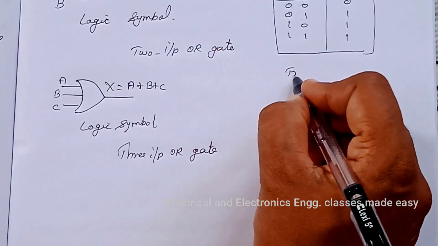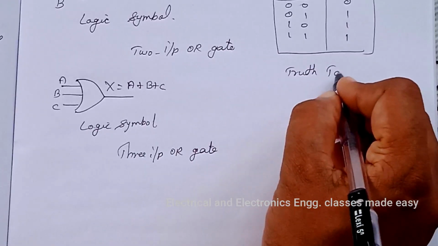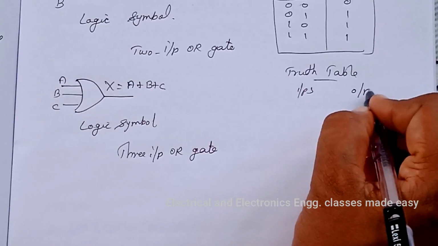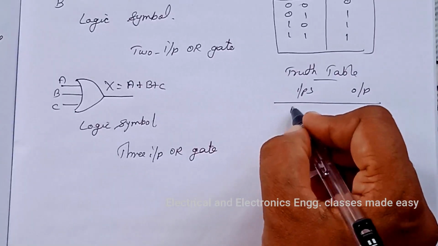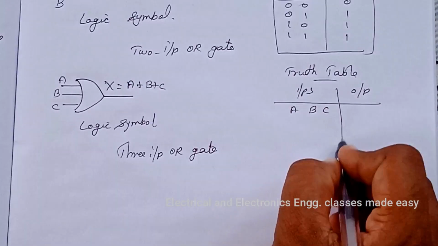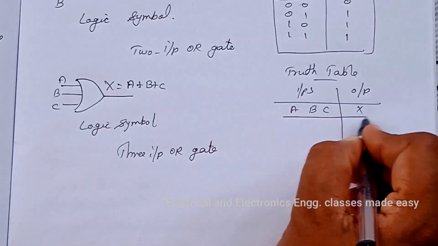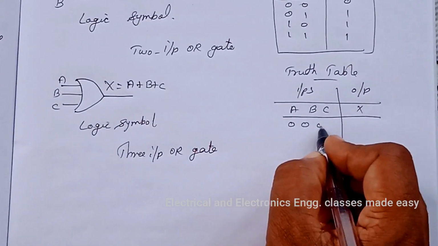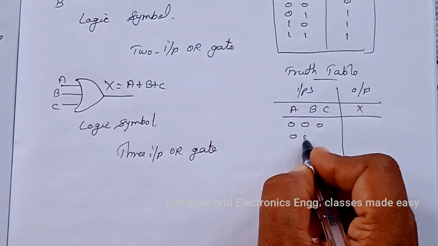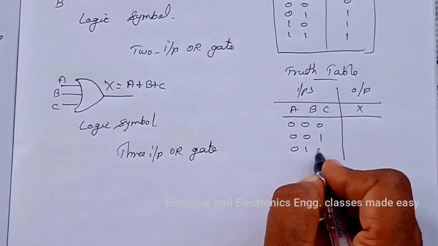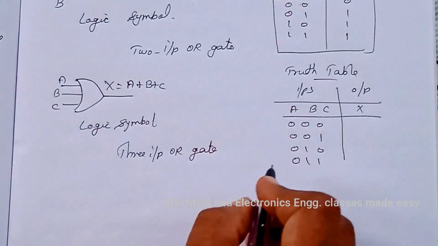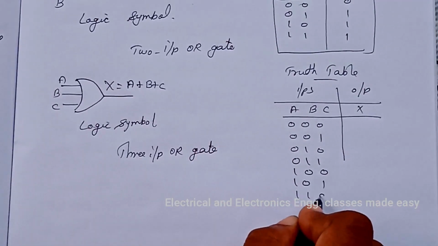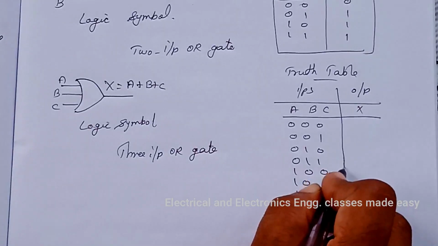And the truth table has inputs and output: A, B, C, and one output. The combinations are 0 0 0, 0 0 1, 0 1 0, 0 1 1, 1 0 0, 1 0 1, 1 1 0, 1 1 1.